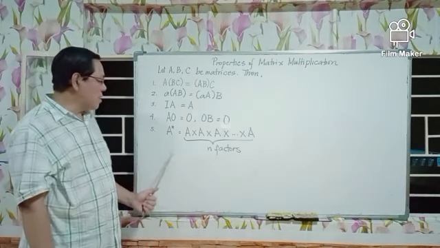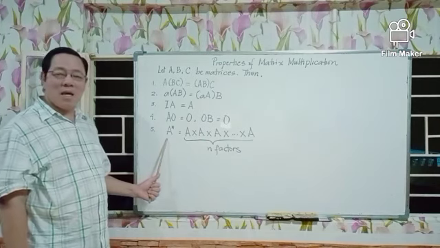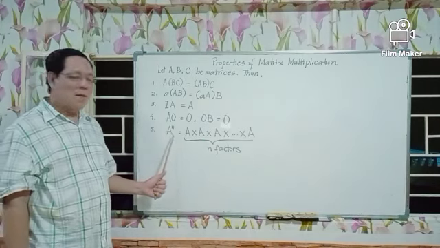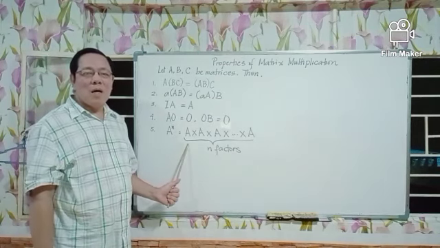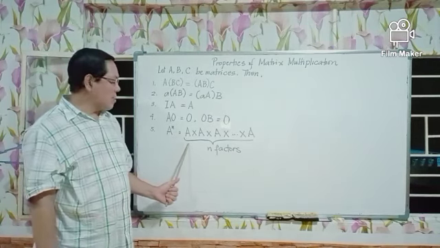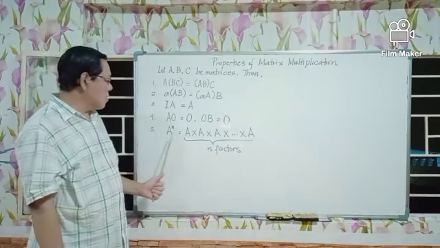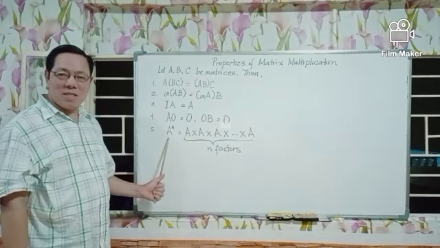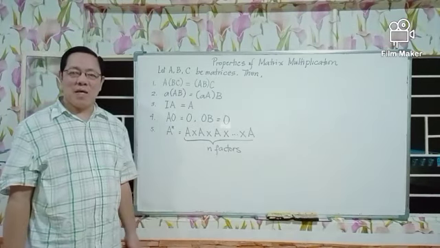In the same way, the matrix A raised to the power n is equal to the product of matrix A with itself n times. That means A is multiplied by itself n times. So A to the n, in its expansion, has n factors of A.